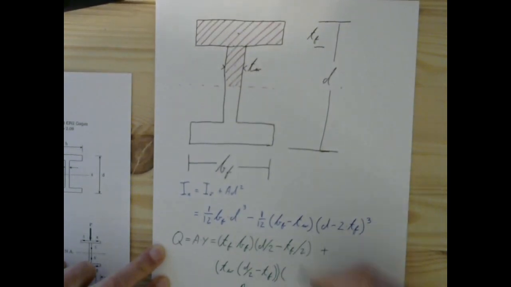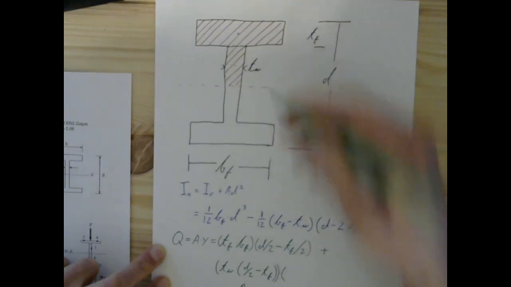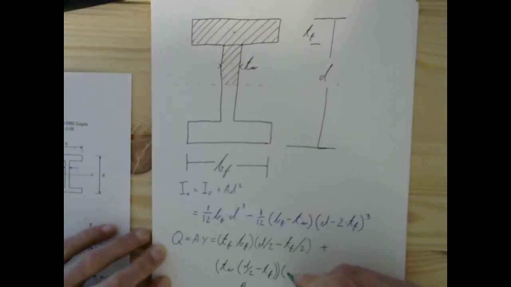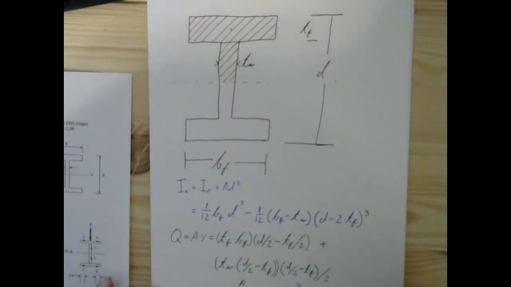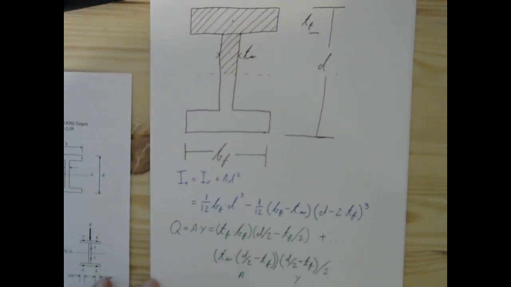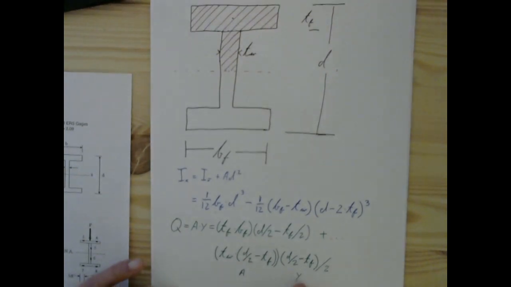And the distance to the neutral axis of the centroid of this is going to be D over 2 minus the full thickness of the flange, and then we're going to divide that by 2 because it's only 1/2 of that. So that'll be our y value for that. The sum of those two things will give us the total Q that we need.